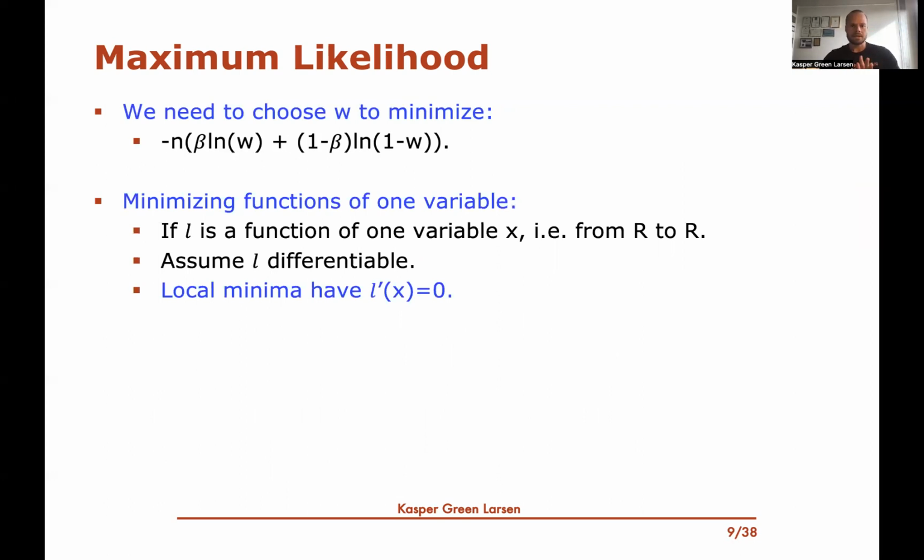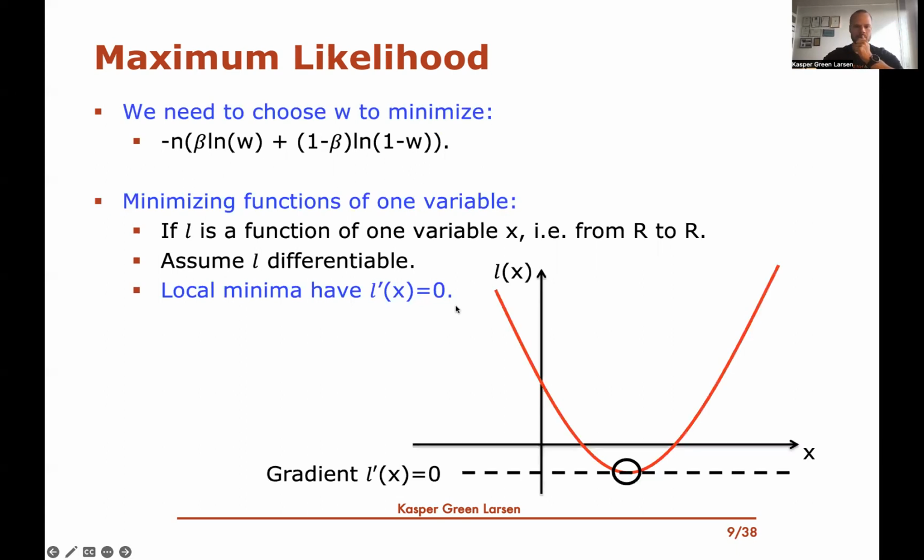Okay, so this here is a function of a single variable W, right? So it's a function from R to R, and let's assume this function is differentiable. Then in particular, if we want to minimize it, this is similar to what we did for linear regression, right? If we want to find the minimum, it must have a derivative of 0 at this minimum. So the gradient really has to be 0 here, at the minimum of the function.